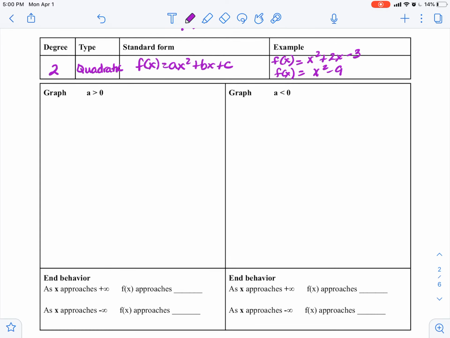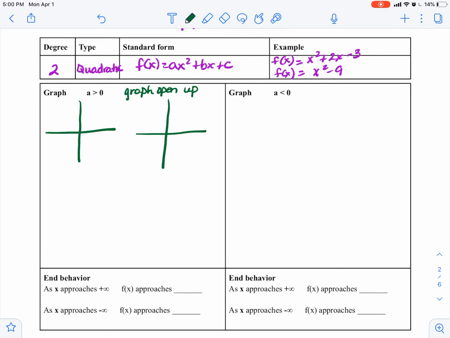So I'm going to go back here and use my same colors I was doing. I'm going to draw somewhat what our graphs could look like. What a greater than 0 is going to tell us here is that our graph opens up.